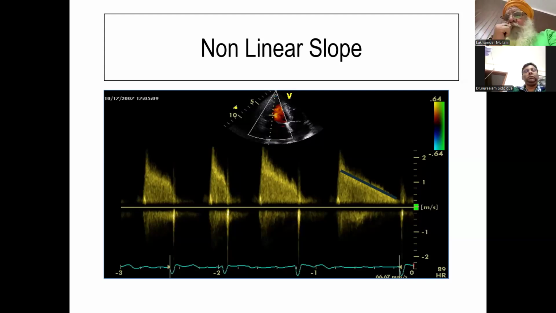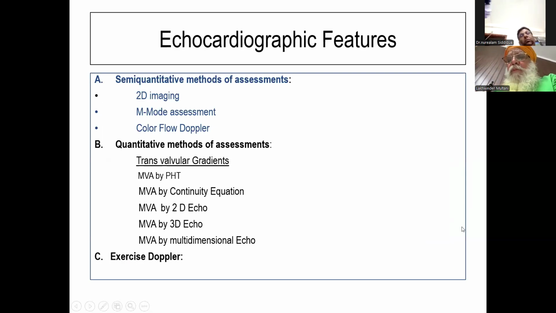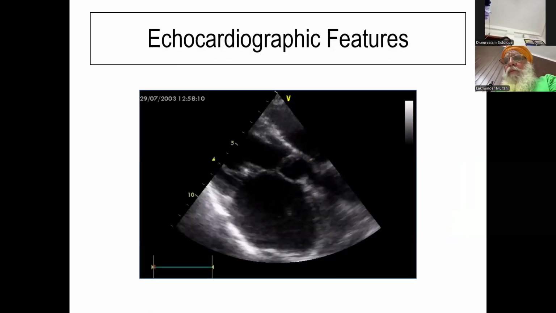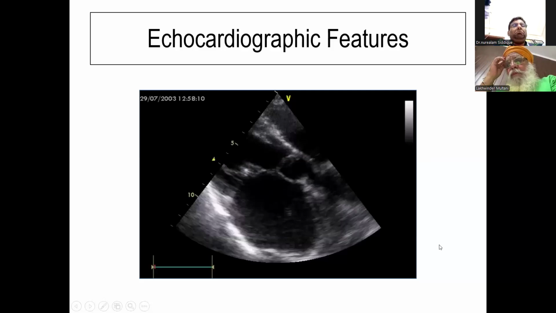One more question, sir. How do we calculate the LA dimension in MS and what is its importance in relation to severity of MS? Look, LA dimensions are always calculated in Planck's window. If you divide by body surface area, anything more than 22 is considered dilated.